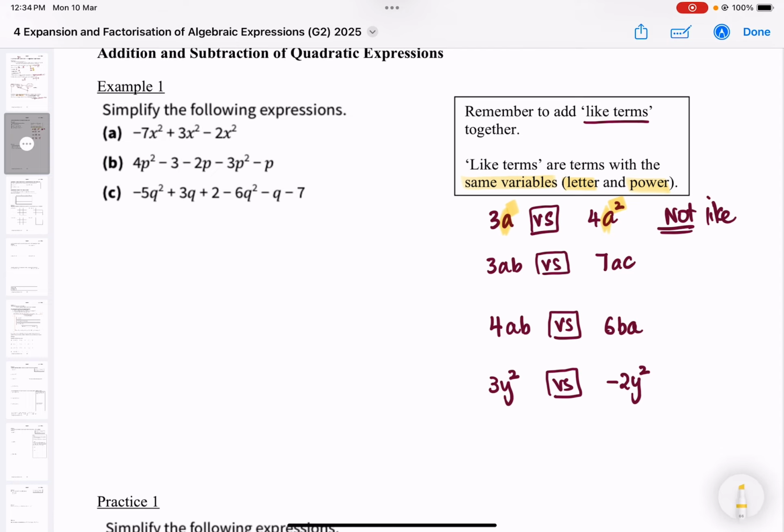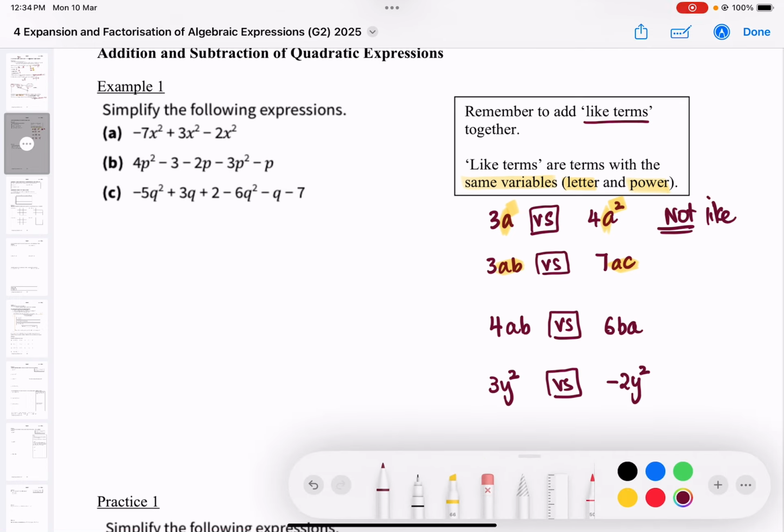Okay, so the letter must be the same and the power must be the same. In the second example, the letters are a times b, and this one is a times c. So you can see that definitely they are not even the same letter, so this is also not considered like terms. In the next example, we have 4ab and 6ba.